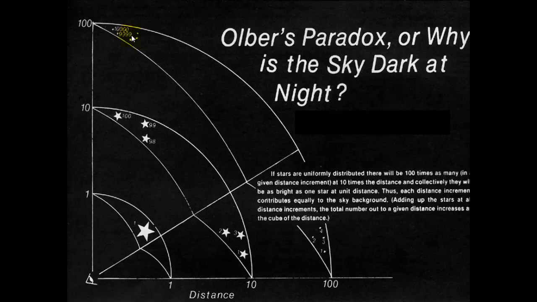So basically, each shell at each distance is going to contribute the same amount of brightness as far as the light that we see. This contributes a lot from one star because it's close, but there's only one star. Here we have 100 times as many stars, but each star is providing a 100th. So each shell provides the same amount of luminosity.